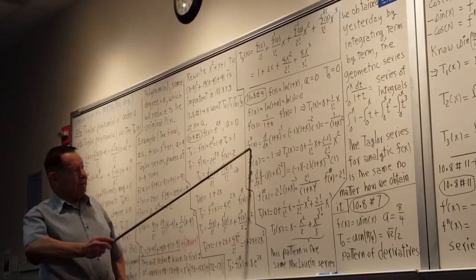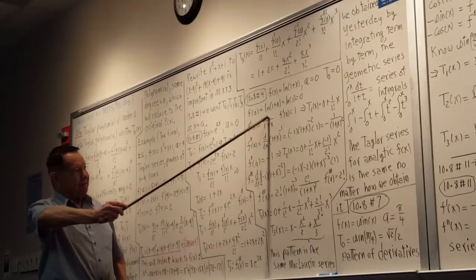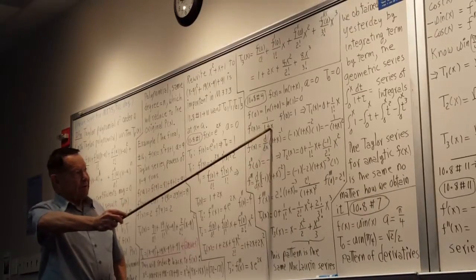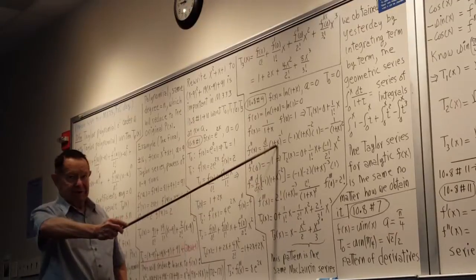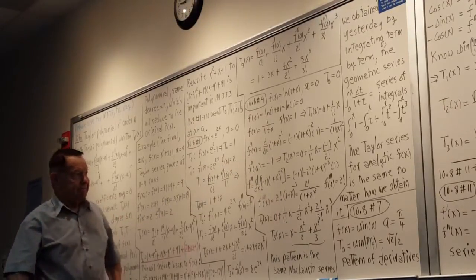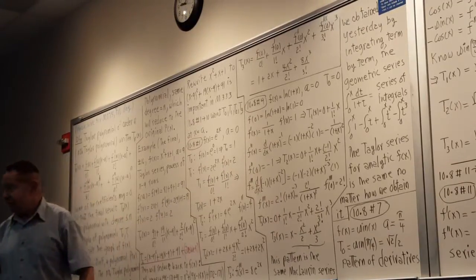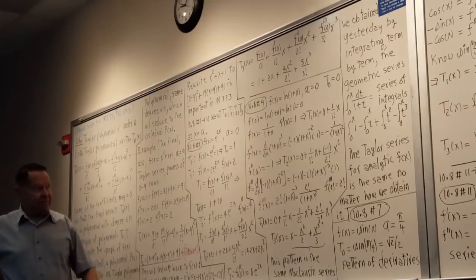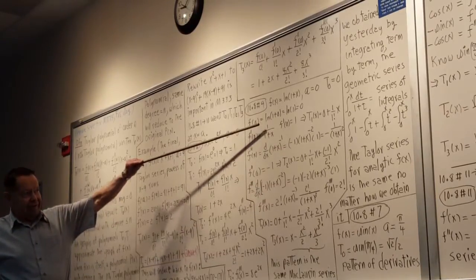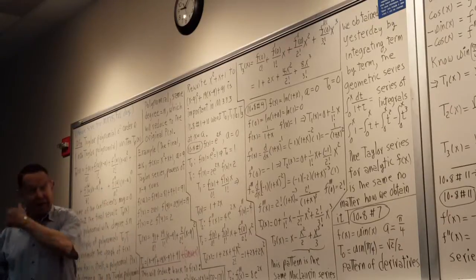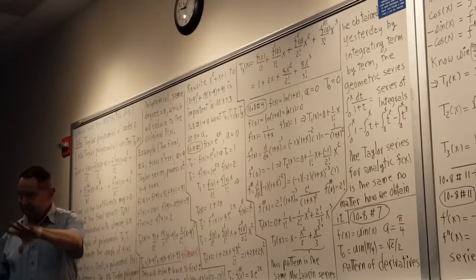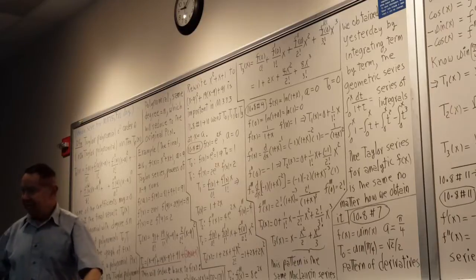Then f double prime would be the derivative here. So I would rewrite with a negative exponent, use the chain rule. I would never use the quotient rule to do derivatives if I have a constant for the numerator. I would rewrite with a negative exponent and use the chain rule myself.